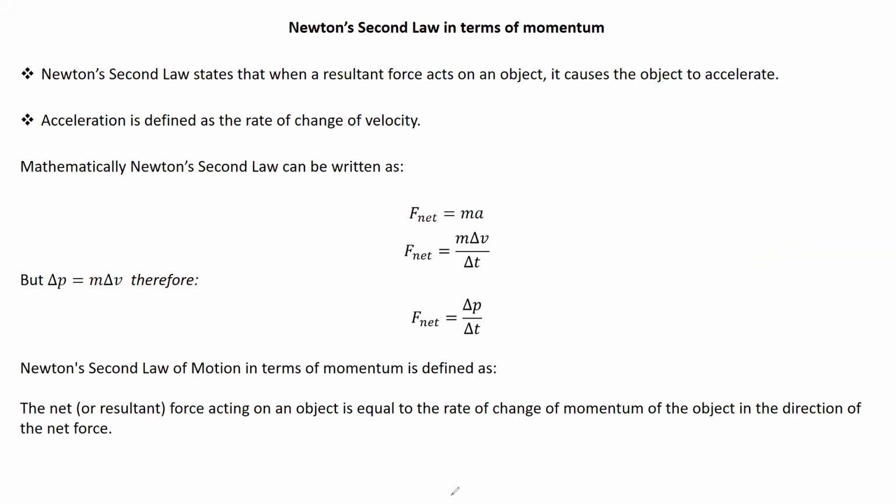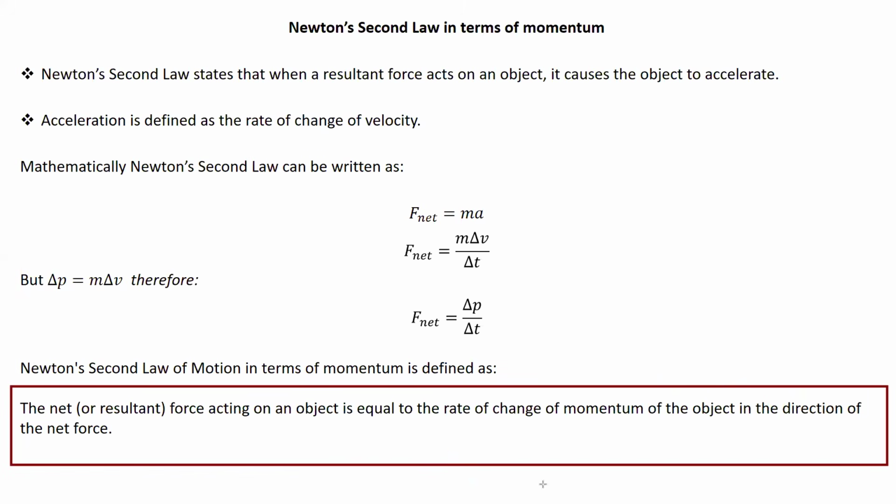In the exam, they will ask you to define net force in terms of momentum. And what will you say? I'm reading it now. The net force or resultant force acting on an object is equal to the rate of change of momentum of the object in the direction of the net force.